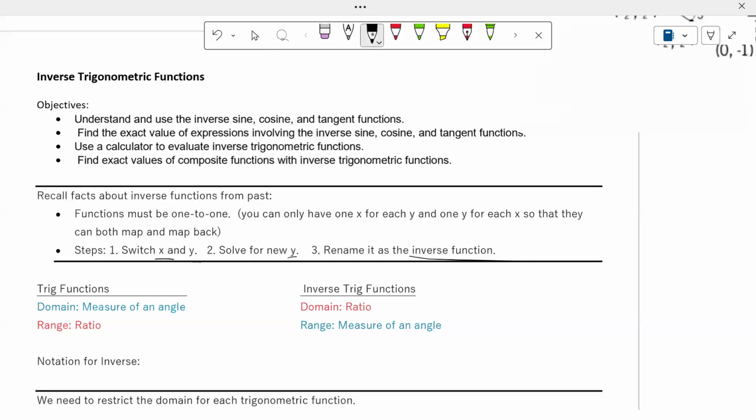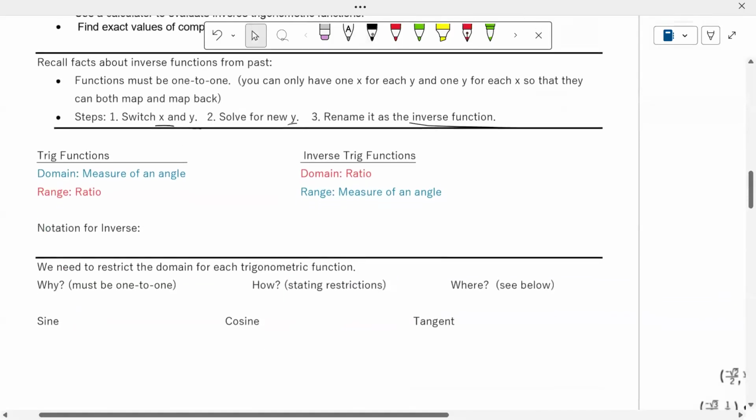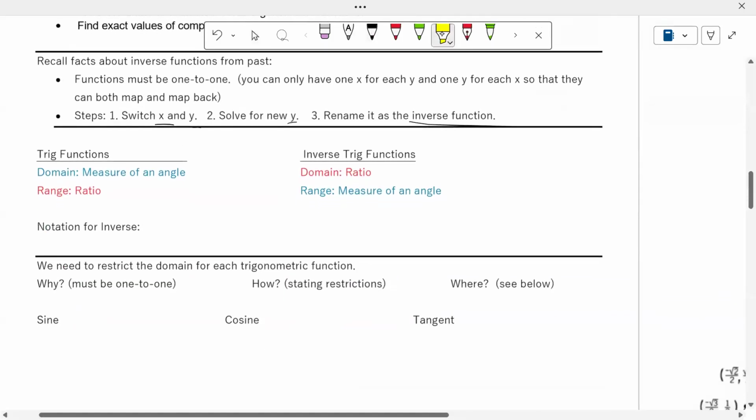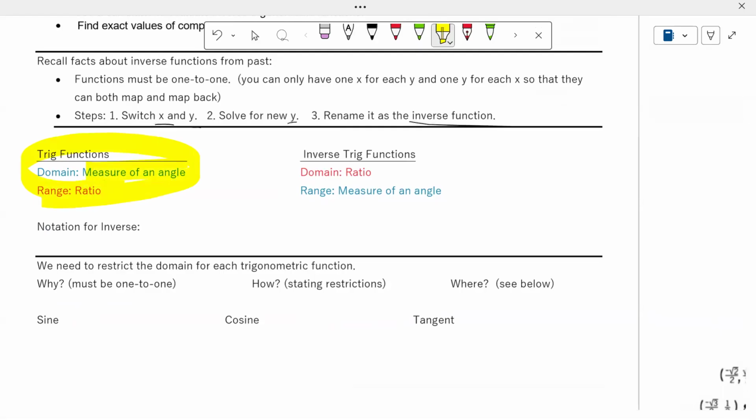So we're going to be doing that eventually. At first, though, we're just going to talk about when we can have an inverse versus when we can't have an inverse. Okay, so just to follow my notes here, regular trig functions, in goes an angle, out goes a ratio. Inverse trig functions, in goes the ratio, out comes the angle like we just saw.